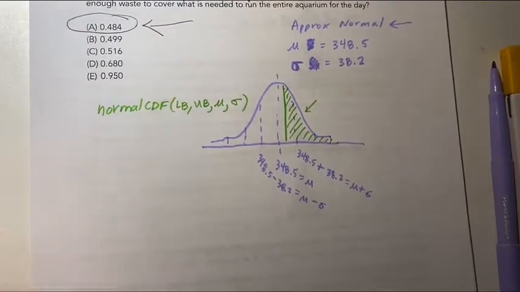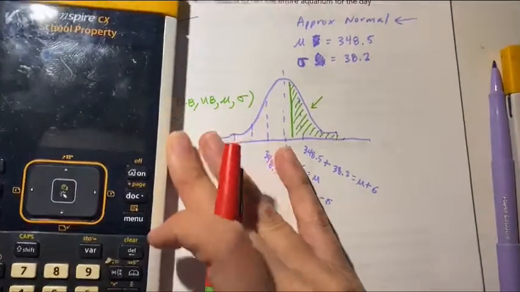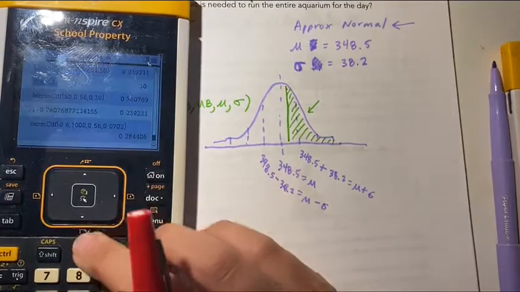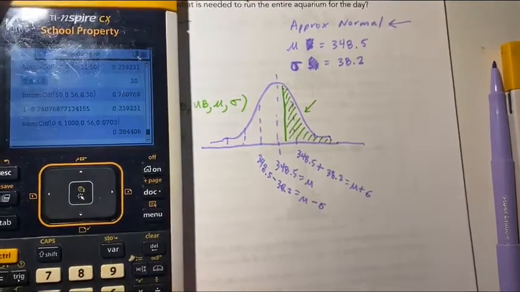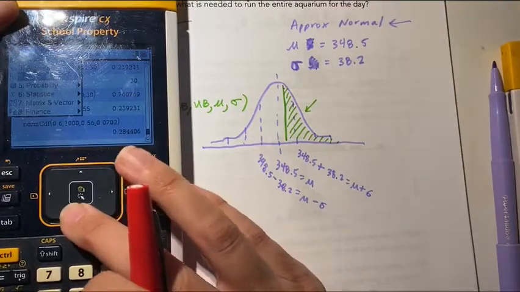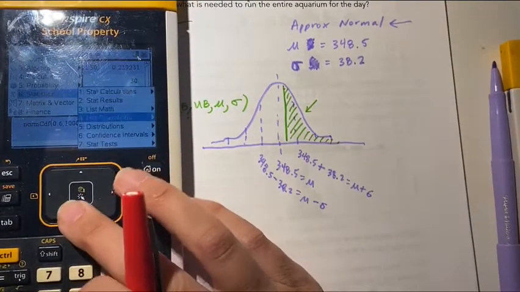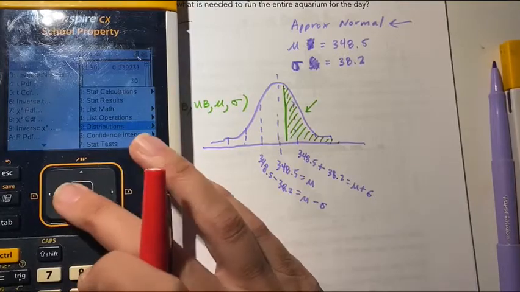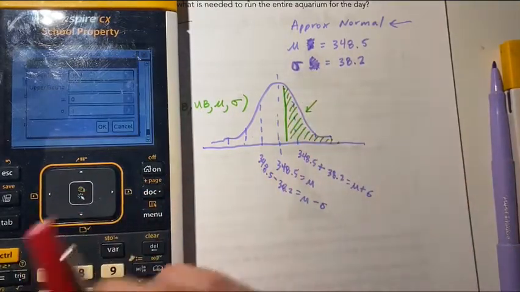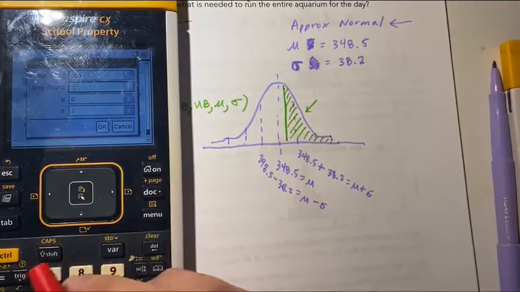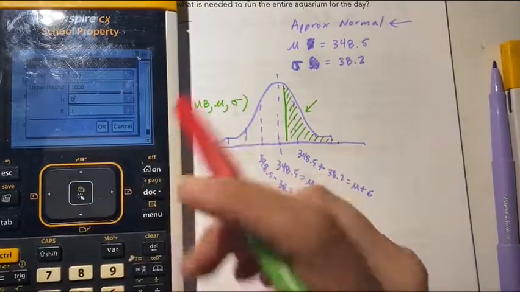Let's go ahead and find that in our calculator. It's been a while, so let's do a quick refresher. Maybe you missed it because you just didn't have a calculator. Stats, this is a distribution. There's this normal CDF. My lower bound is 350. My upper bound is just a really big number, so I can put 1,000 or 10,000.